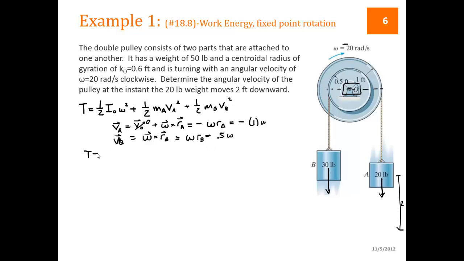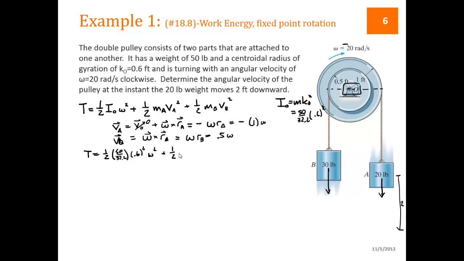So we have T is equal to 1/2, pause for a second and find I_O. I_O is equal to the mass times k_O squared. k_O is given to us. So this is 50 over 32.2 times 0.6 squared. So that goes in here, 50 over 32.2 times 0.6 squared, that's I_O, and we have omega squared, which is our unknown.